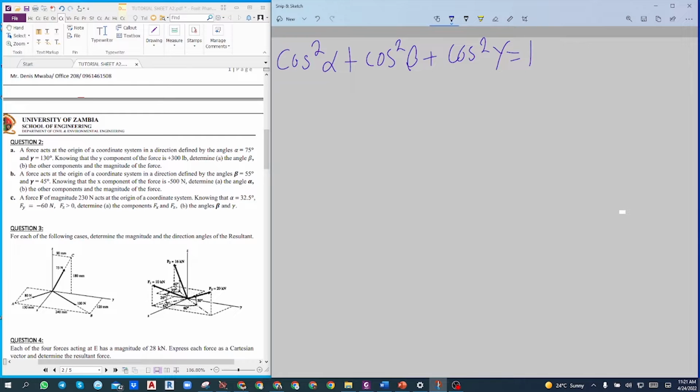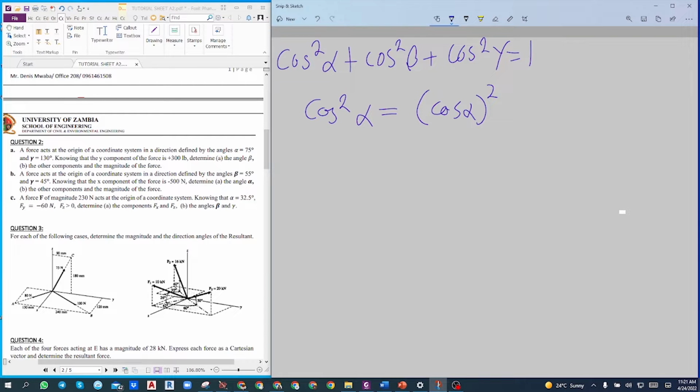Now I must emphasize that when we say cos squared alpha, this is equal to just cos alpha squared.